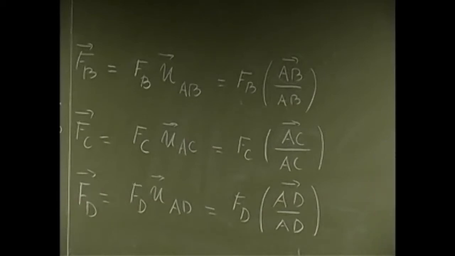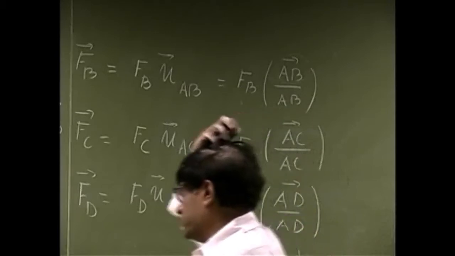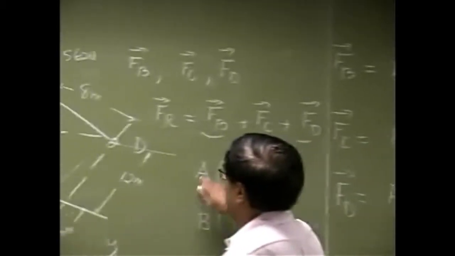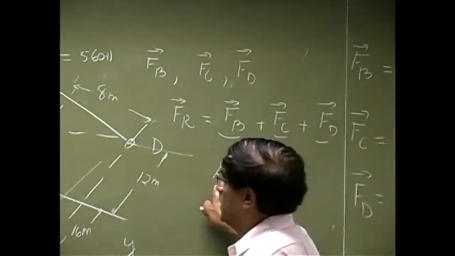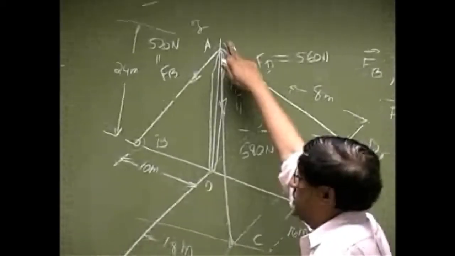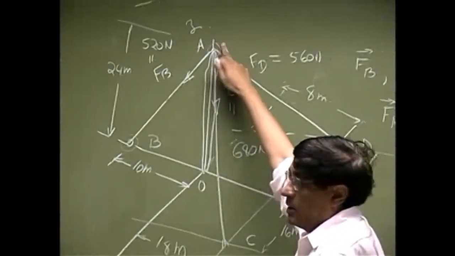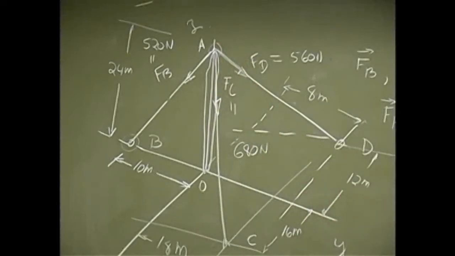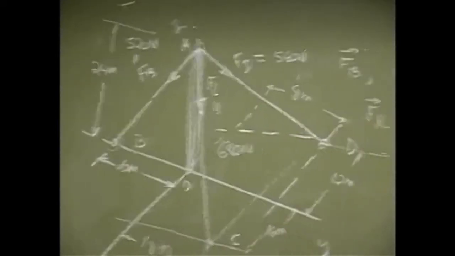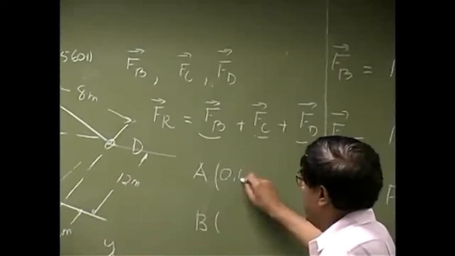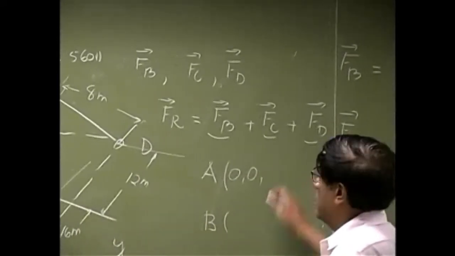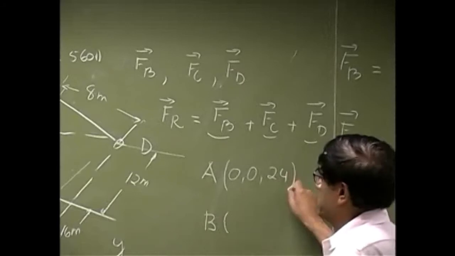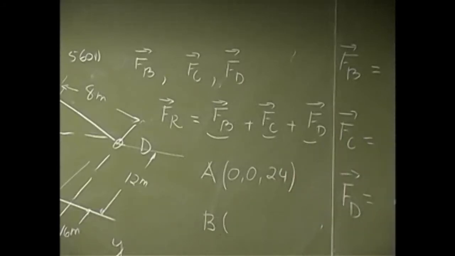And to do that, we need the coordinates. So we go back to the point. If I look at the point A, this point is on the z-axis at a height of 24 meters. So the x-coordinate should be 0, the y-coordinate should be 0, and you should have 24 as the z-coordinate.